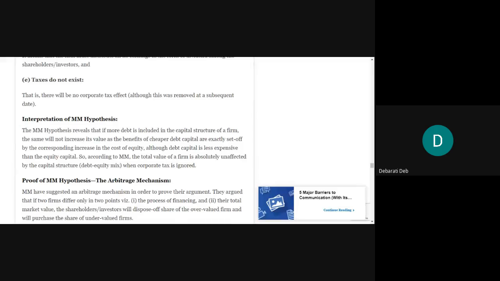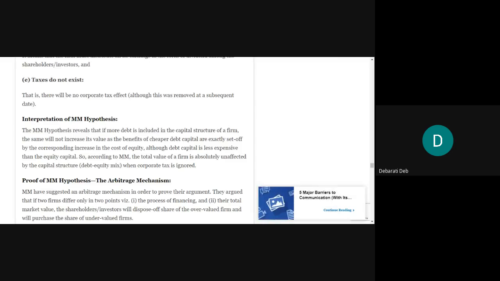Although debt capital is less expensive than the equity capital, the hypothesis also agrees with the fact that debt capital is going to be less expensive than the equity capital. So according to the hypothesis, the total value of the firm is absolutely unaffected by the capital structure when corporate tax is ignored. In the absence of tax, they are backing up this fact that whatever is the amount of debt and equity, the benefits of more debt are being offset by the increase in the cost of equity.